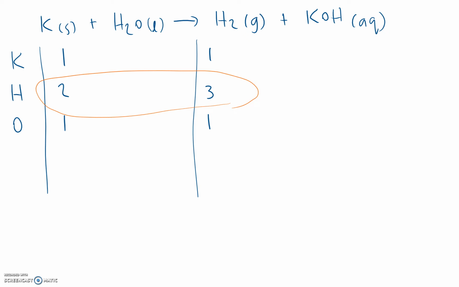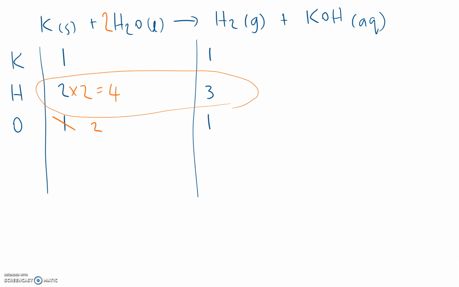So because on the left side I have H2O, I'm going to add a coefficient of 2, and that will give me 4 hydrogen. It also now changes the number of oxygens I have, so now I have 2 oxygens.